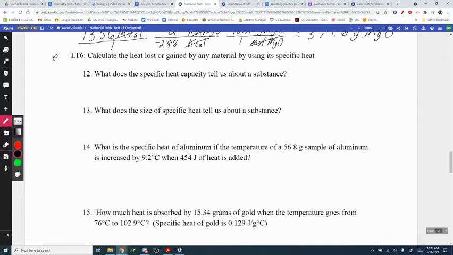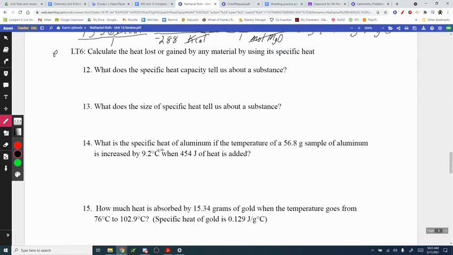So a lot of energy is required to change the temperature of the substance. So for example, water. Water has a very high specific heat of 4.184. So it takes a lot of energy to change the temperature of water. Whereas metals have low specific heats, which means it does not take very much energy to change the temperature of a metal. Okay.